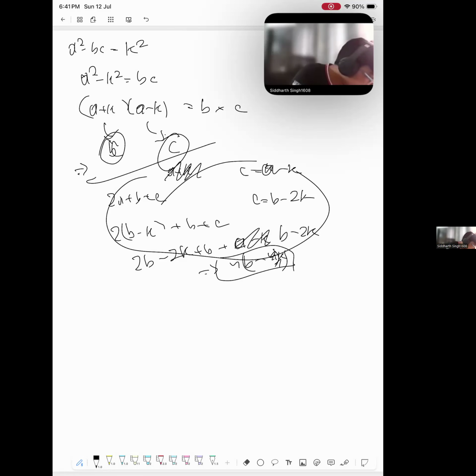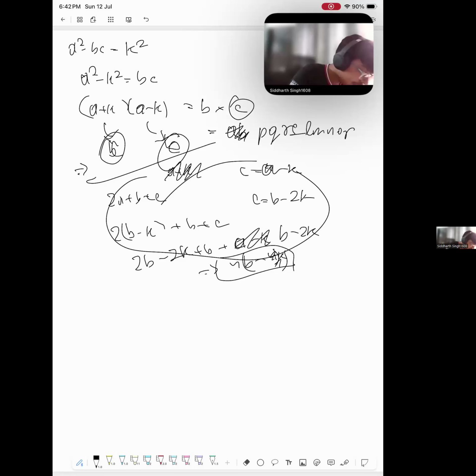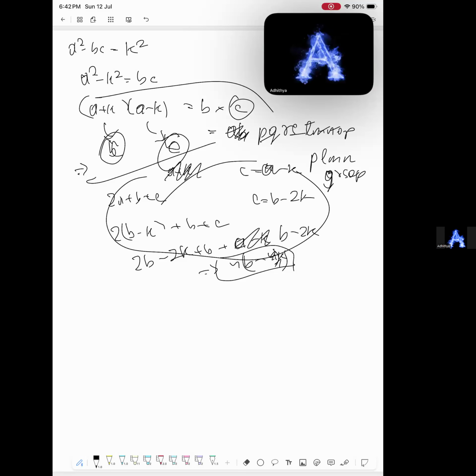Yeah, I know it can be c and b, but suppose b was some product of any number of numbers, like b is of the form PQRS and c is of the form LMNOP. Now a plus k can be some random niche thing, PLMN, and a minus k could be QRSOP, right?